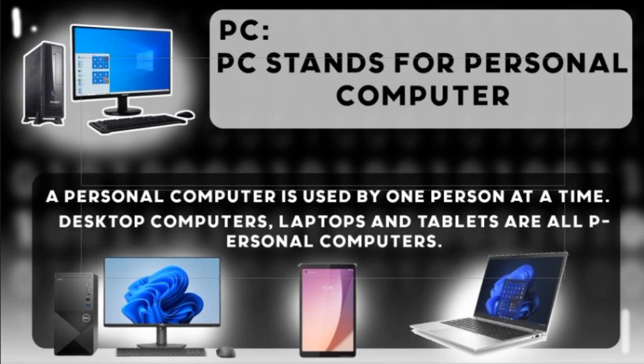Laptops can be carried wherever you want. They have everything in one place. The desktop computers do not have everything in one place, but the laptops do. The keyboard, the mouse, the screen, everything is in one place, and the mouse on the laptop is called a touchpad. It's not a mouse, it's a touchpad.